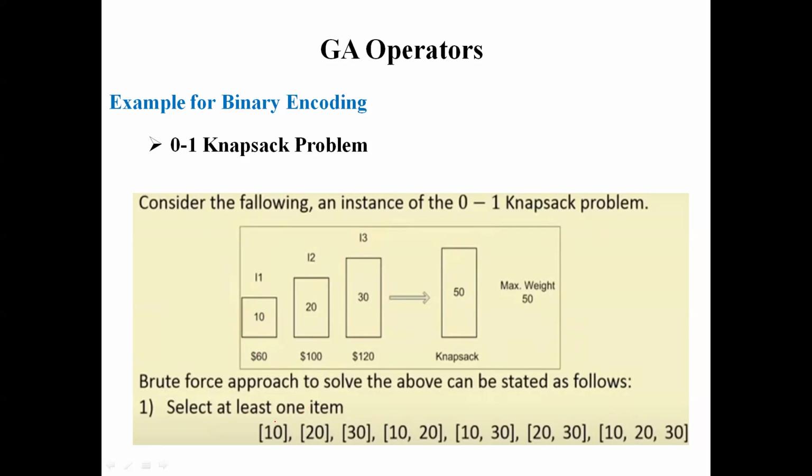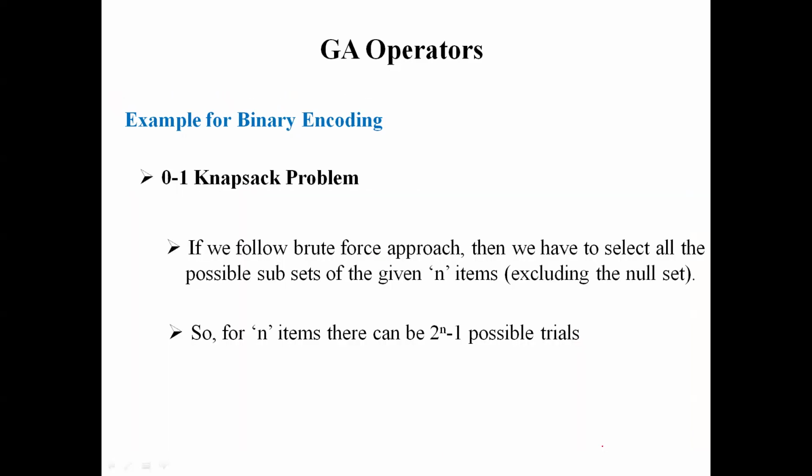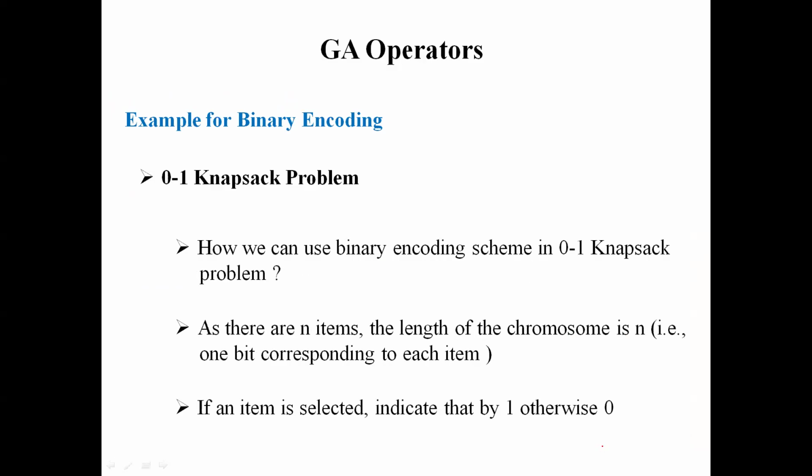So you select the items. You select either 10 or 20 or 30, or you can have a combination of 10 and 20, 10 and 30, 20 and 30, or you can have the combination of all the three if it satisfies the criteria. If these are the different options he has, you can convert these n entries into a binary problem.